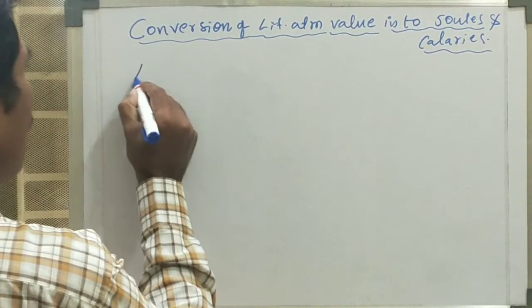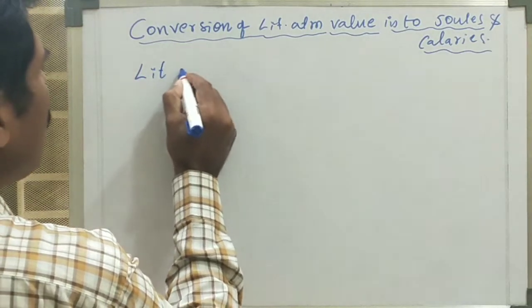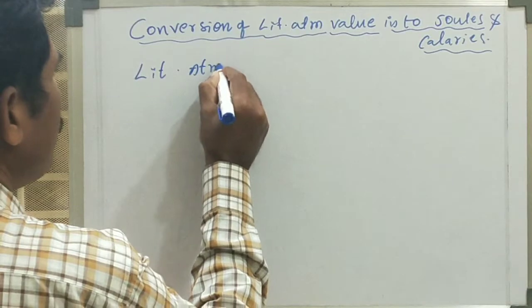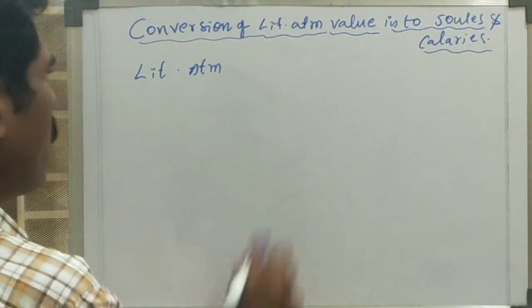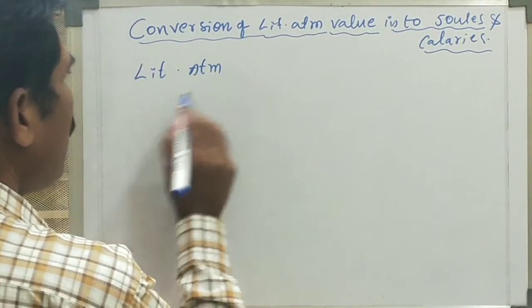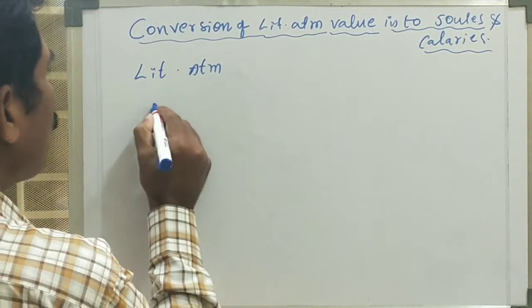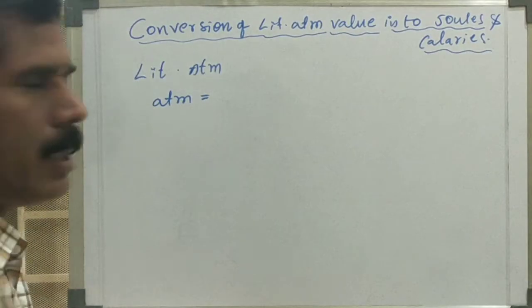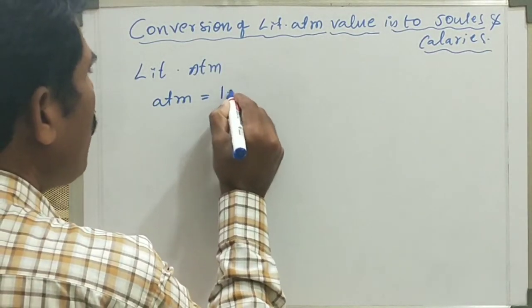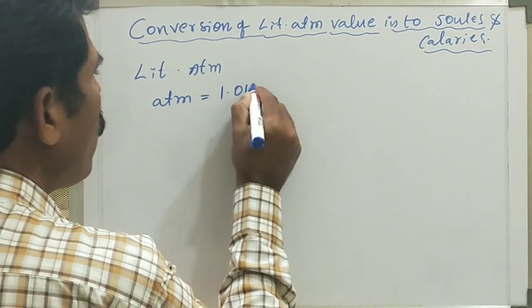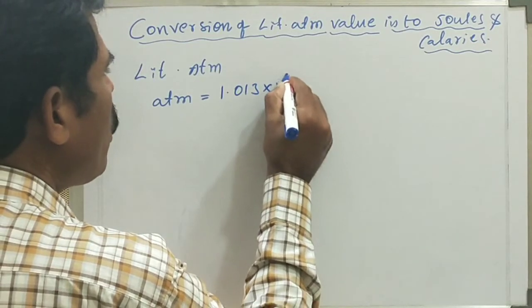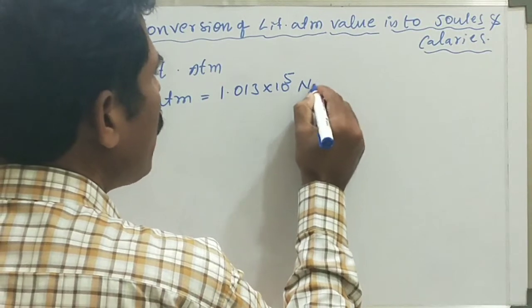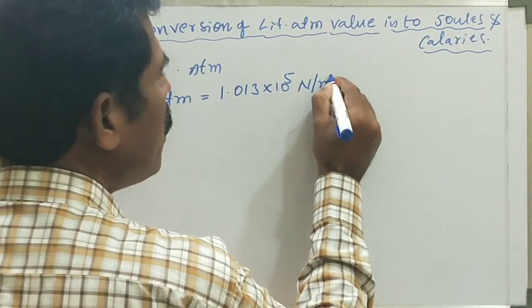Now, liter atmosphere is equal to how much? For example, one atmosphere is equal to 1.013 into 10 to the power of 5 Newton per meter square.